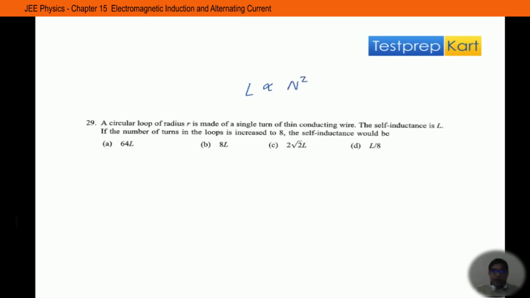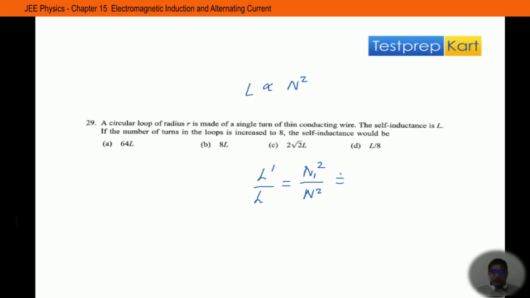So we can say that L dash upon L, where L is the original inductance and L dash is the new inductance, is N dash square upon N square.